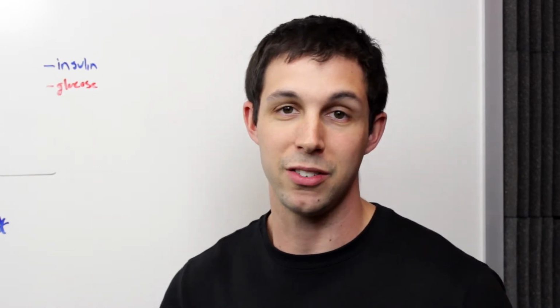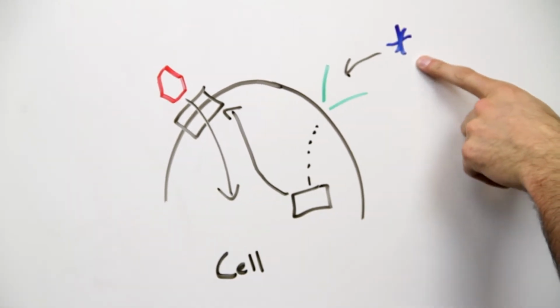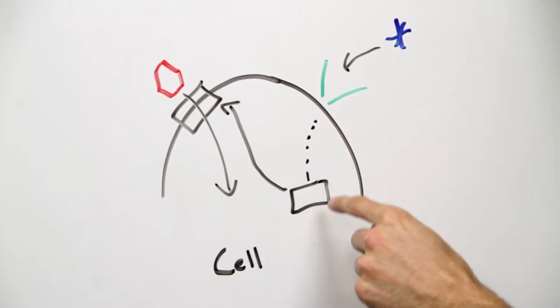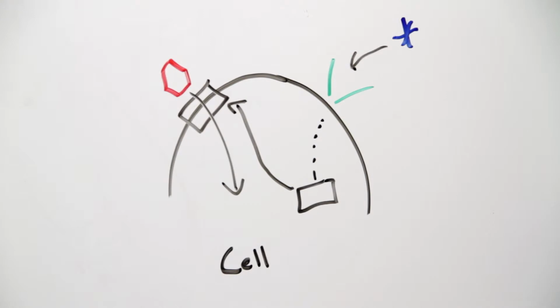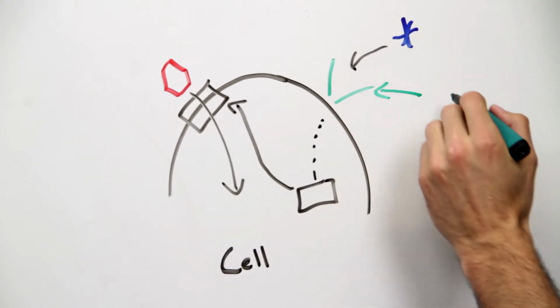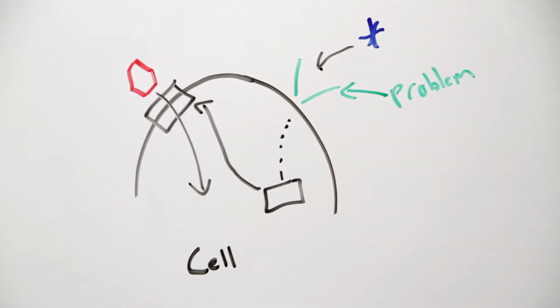In type 2 diabetes, there's not a problem with insulin production, but a problem with insulin sensitivity. Recall that when insulin, this blue hexamer, binds to a receptor, it signals a protein to go and allow glucose to enter the cell. In type 2 diabetes, there's a problem right here. That's insulin sensitivity.